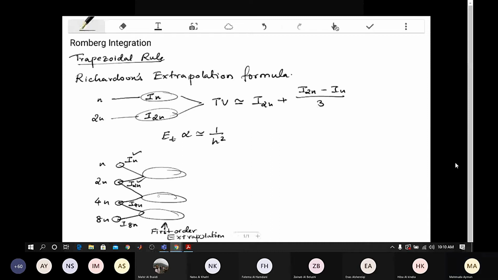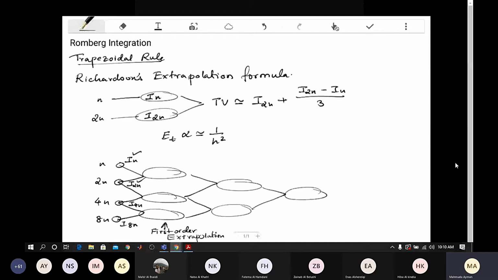Now, what Romberg says is that let's take it several steps further. These approximations that we did using the Richardson's, let's do these steps more. So let's take these two and get a better approximation here. And let's take these two here, get a better approximation here. And maybe let's take these two here and get a better approximation here.